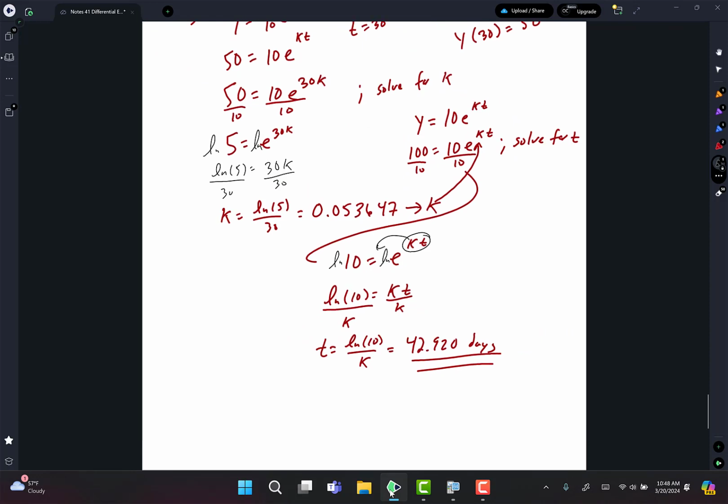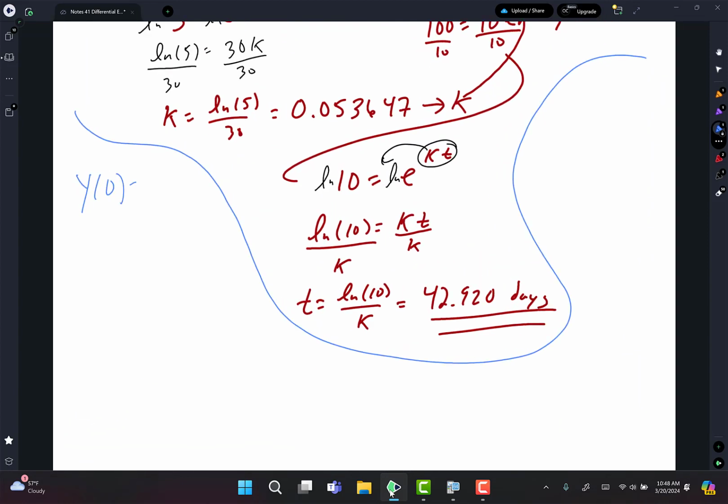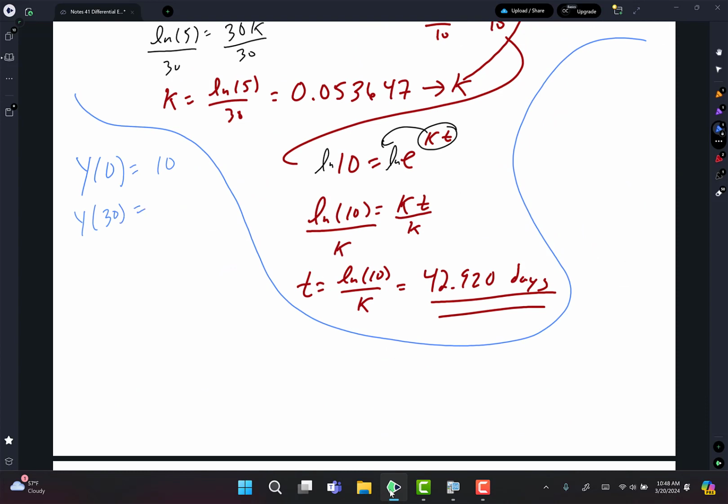Okay, let's start over. I'm going to change my colors to sky blue. All right, here we go. y of 0 is 10, and y of 30 is 50. So I can say, okay, well, let's see, I need a something times something.